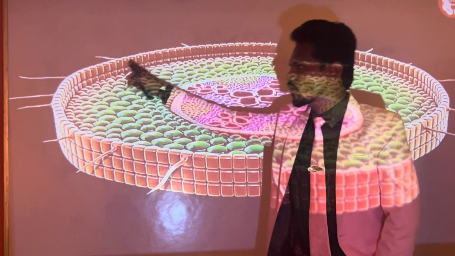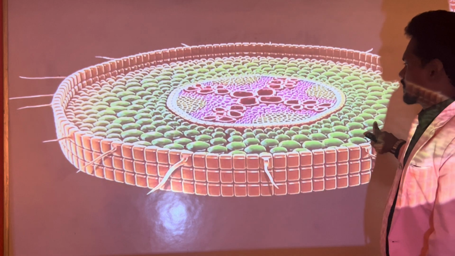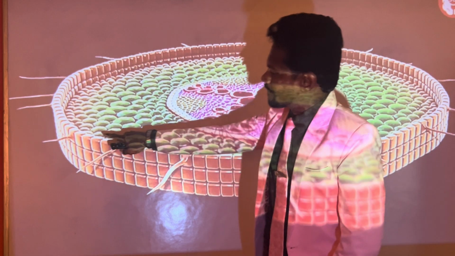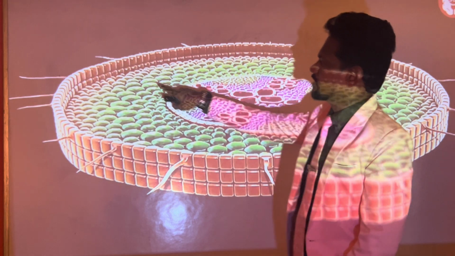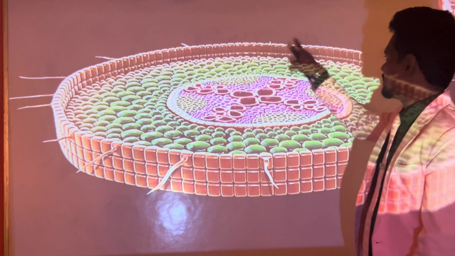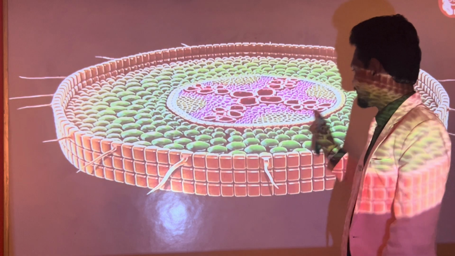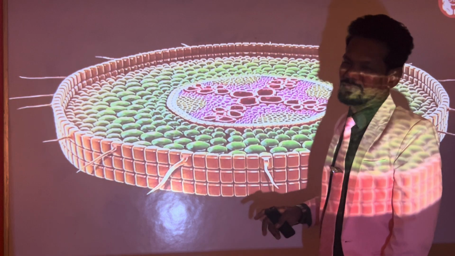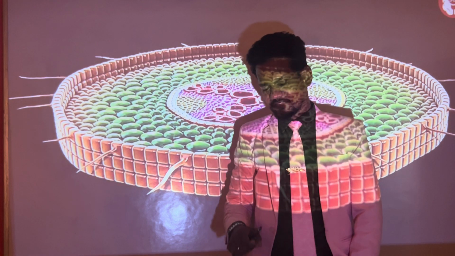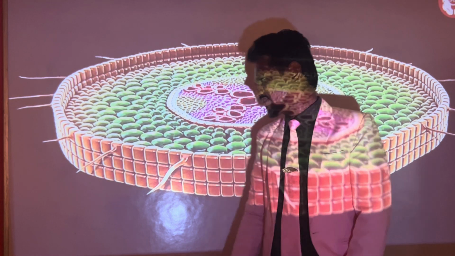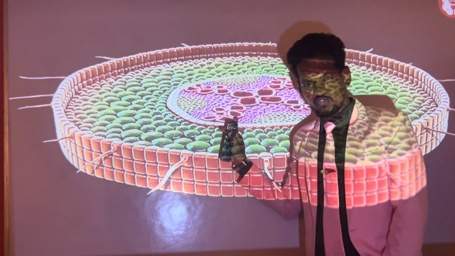A sector is nothing but cutting in a V shape at any part or portion of the ground plan. Generally, in our study materials the diagrams are given in the form of a sector. Let's see. This one is a ground plan.